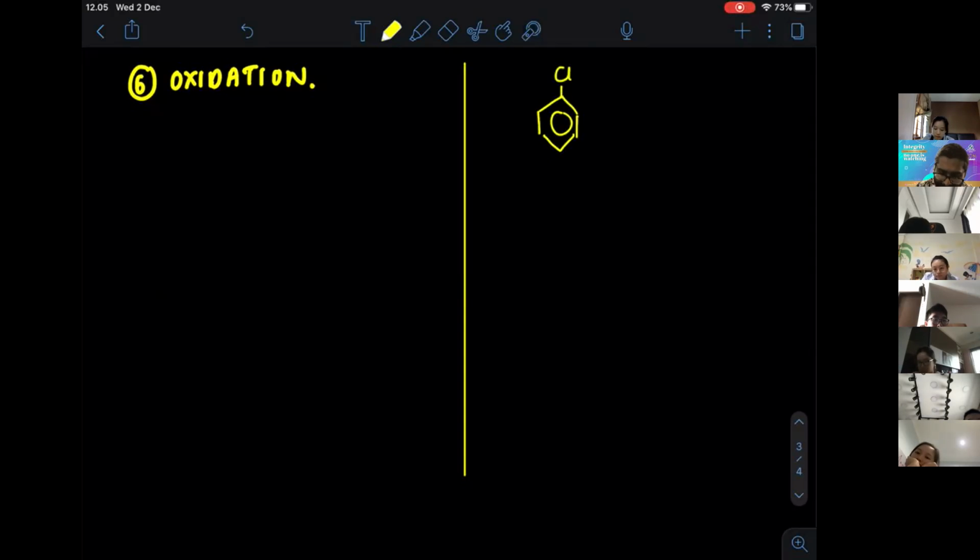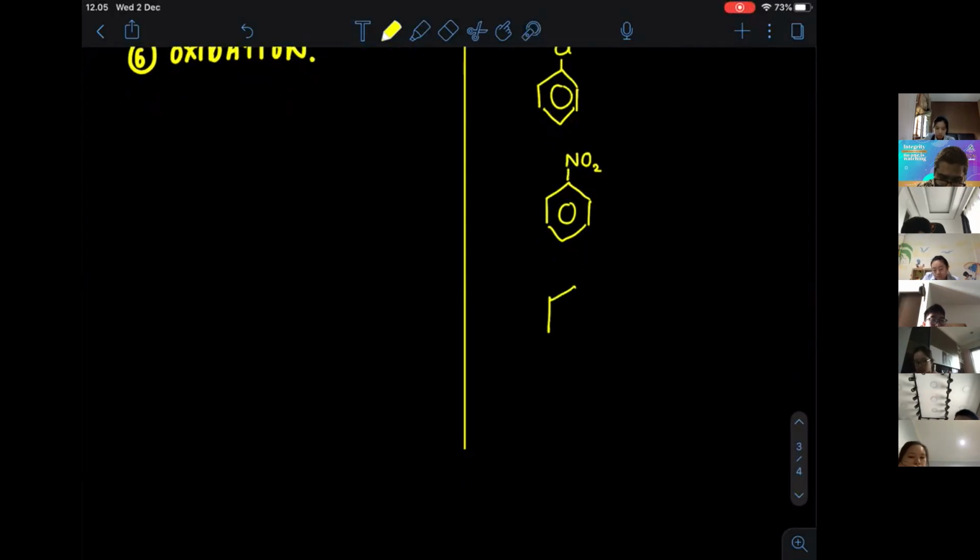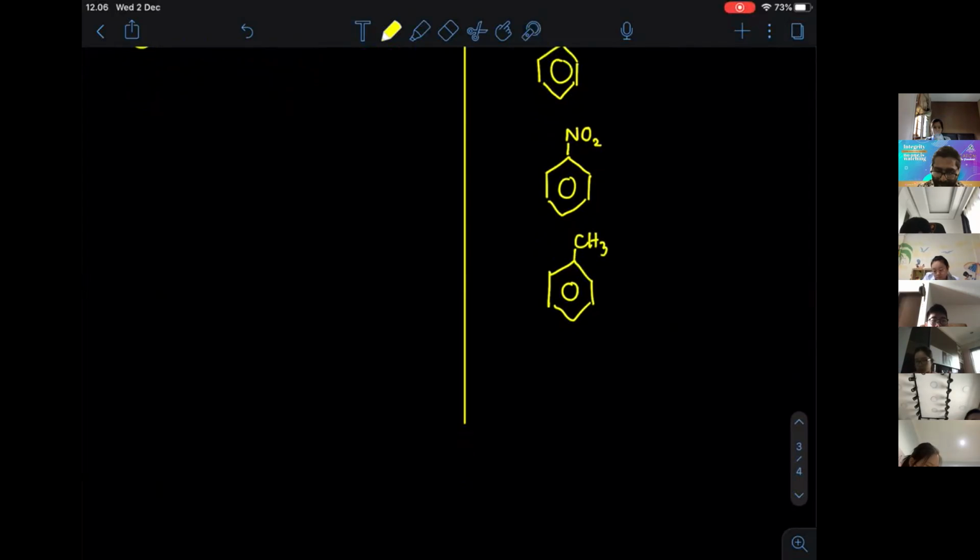We also managed to get something where the benzene has been substituted with NO2. We also have a reaction where we managed to substitute it with something like CH3, or any R group. We have also managed to substitute something to do with C double bond O CH3.